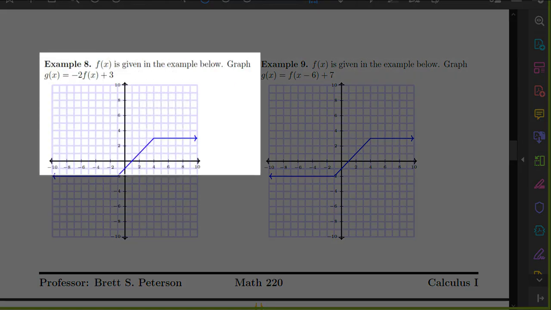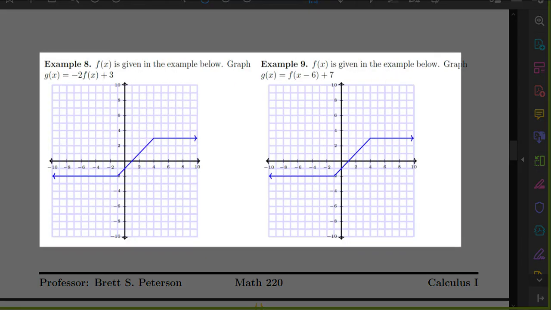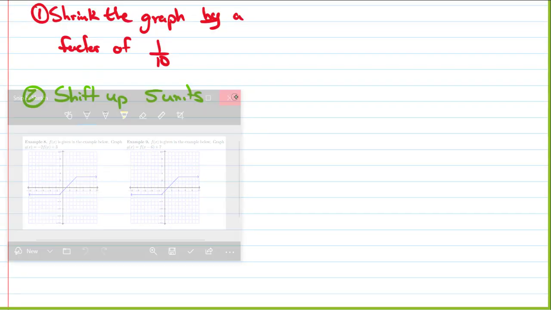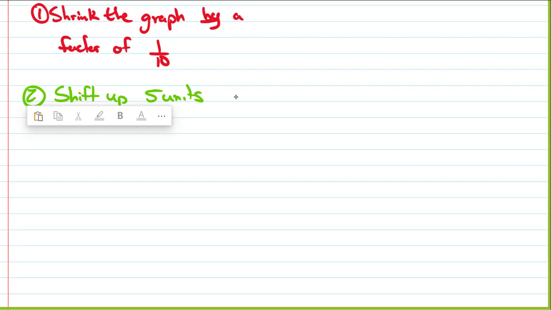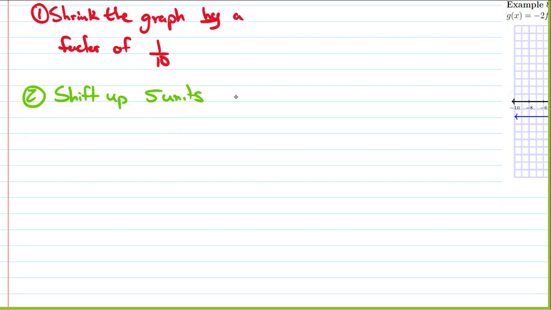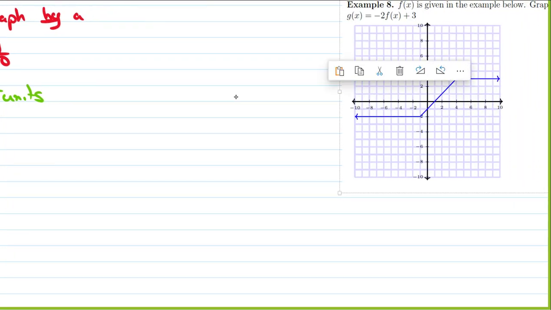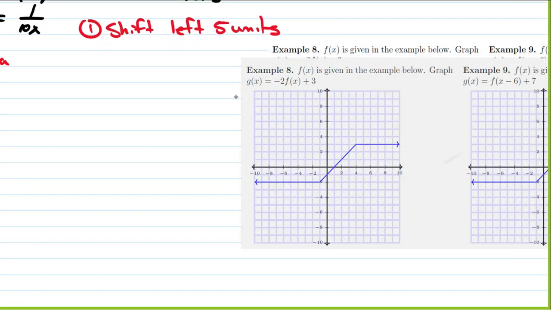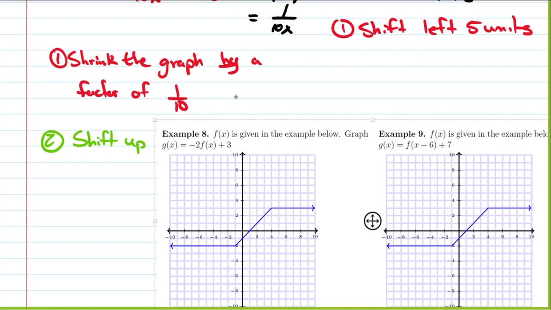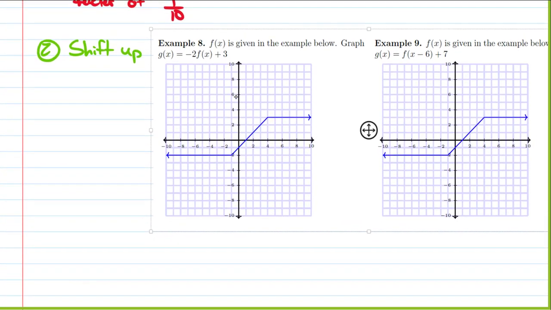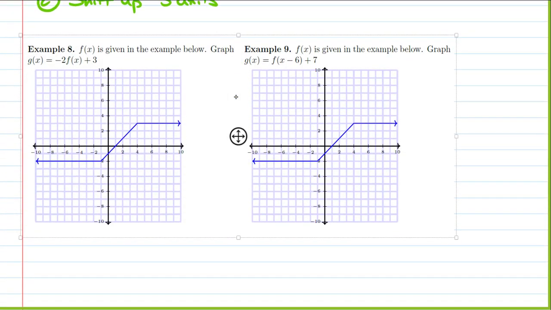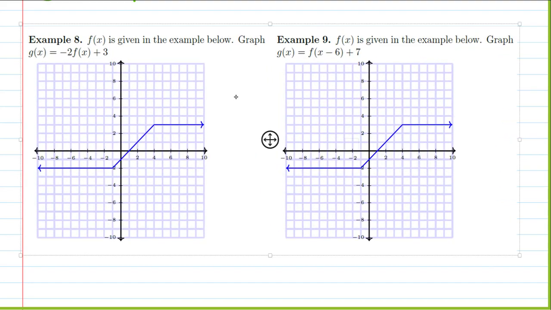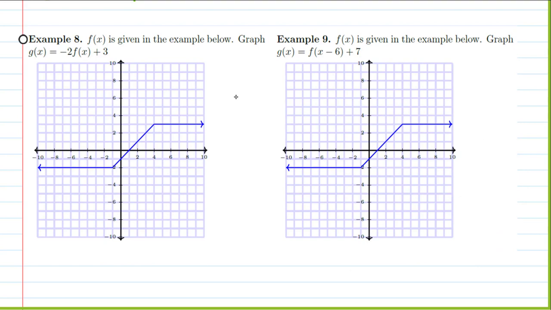So now in our next two examples, we're given graphs instead of functions, and we're asked to do the same shifting.